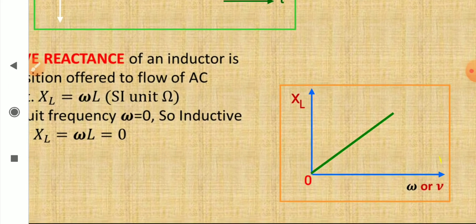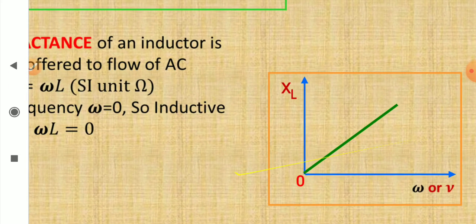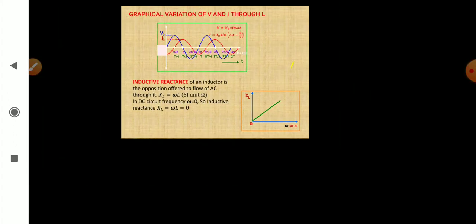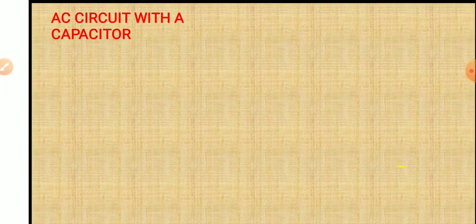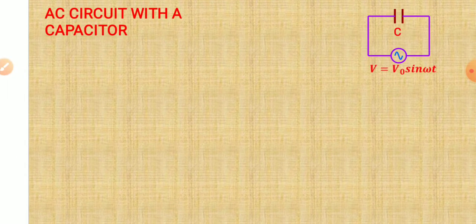On this x-axis we have shown omega or nu, angular frequency or frequency, and on y-axis we have shown XL. So that is the variation of inductive reactance with frequency. And now see how a capacitor behaves with alternating current.